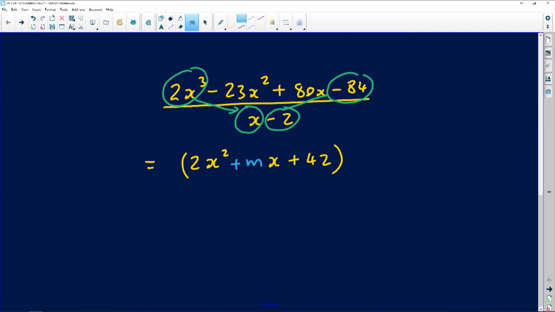When I do 2x cubed divided by x, I get 2x squared. 84 divided by 2, 8 over 2 is 4, and then 4 over 2 is 2, so that's what you end up with. And then you have to bring back your x minus 2 in order to complete your function of f of x. I simply do that, then I'm done. First divided by the first, the last divided by the last, and then there's a monkey hidden in the middle. Somebody's wondering, what is this m that you just introduced?